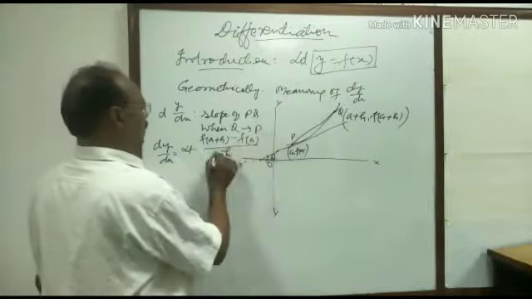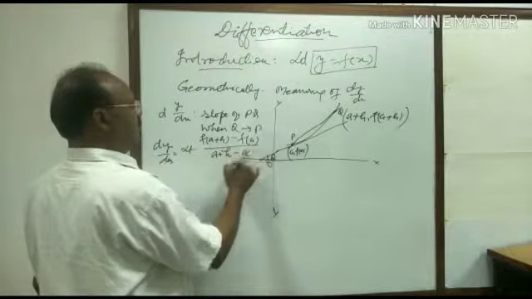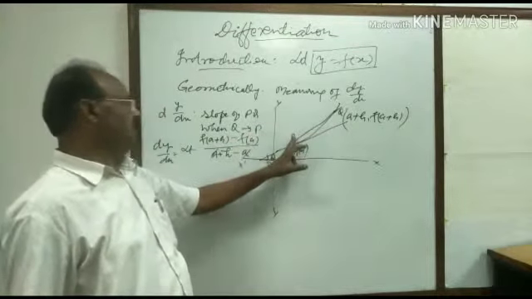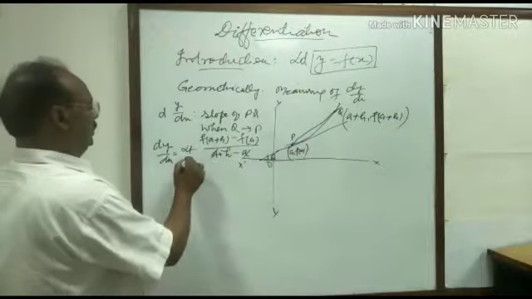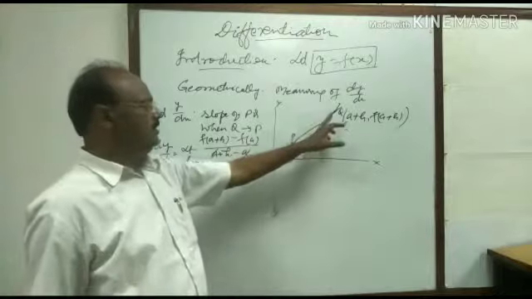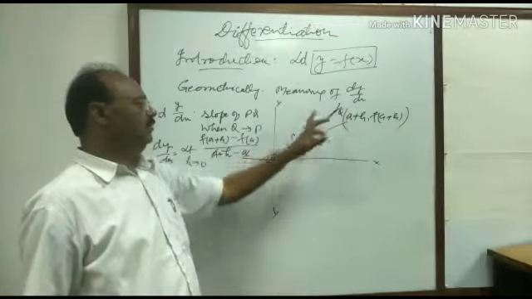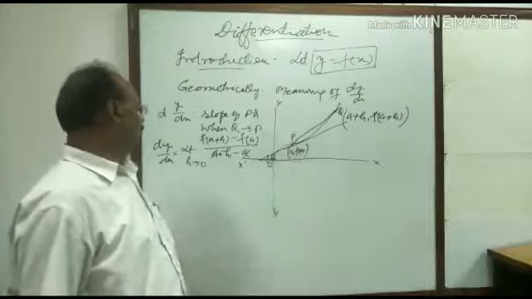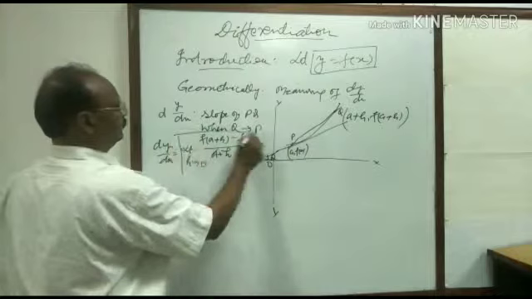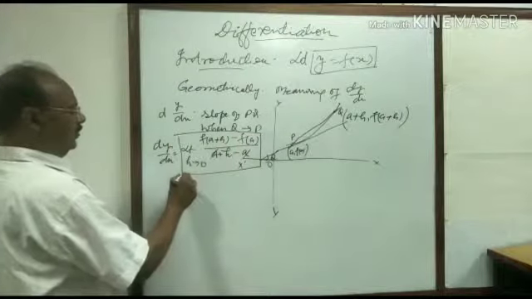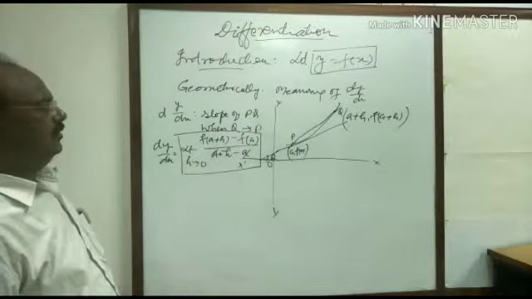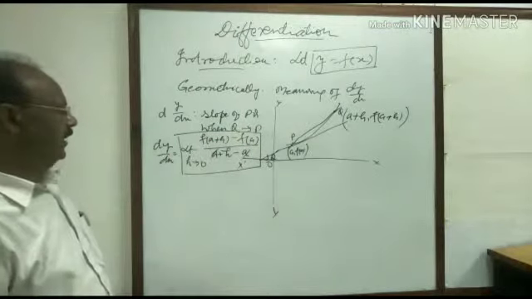Or you can write (a plus h) minus a. Finally a will be cancelled out. When Q tends to P, you can write h tends to 0. This quantity h is very small when Q coincides with P. So this expression gives the geometrical significance of the derivative of y with respect to x.